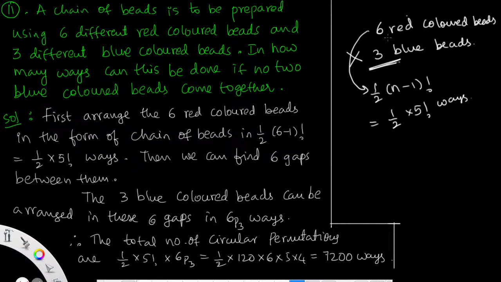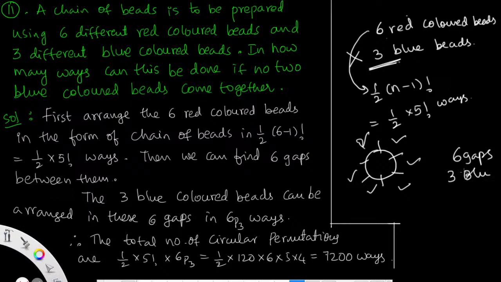Now 6 red colored beads means n things are given, arranged as 1, 2, 3, 4, 5, 6, so we get first gap, second gap, third gap, fourth gap, fifth gap, sixth gap. In these 6 gaps we can arrange the 3 blue beads kept aside. So 3 blue colored beads can be arranged in the 6 gaps, and this can be done in 6p3 ways.